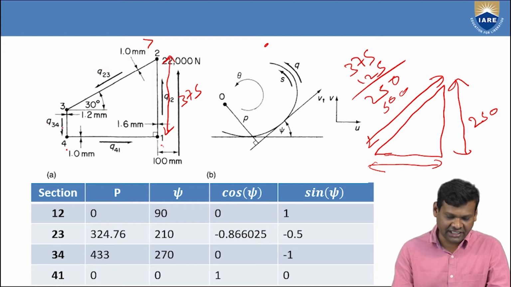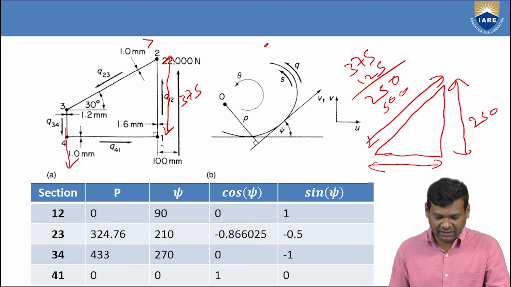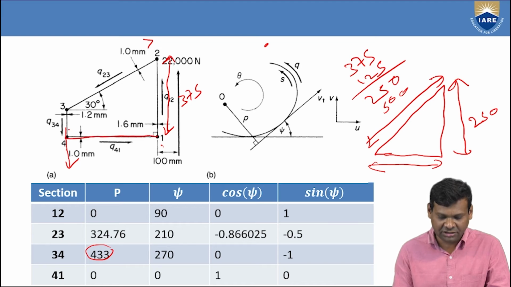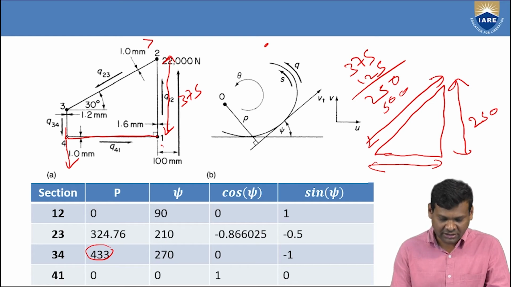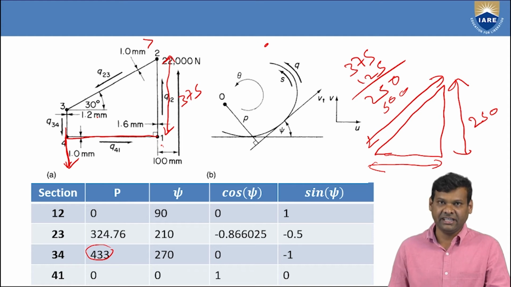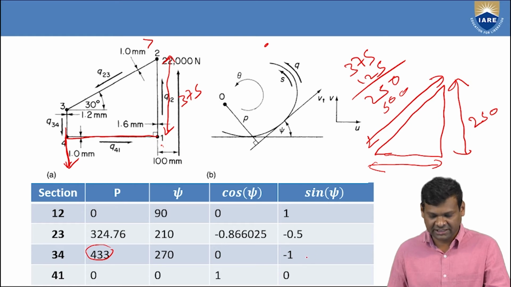When you look into the angle of shear flow Q34, this is going vertically down. Here 433 is the perpendicular distance measured from the origin to the Q34, and phi is 270 degrees, because since it is moving down, this is 90 plus 90 plus 90, it is 270, and cos 270 is 0, and sin 270 is minus 1.